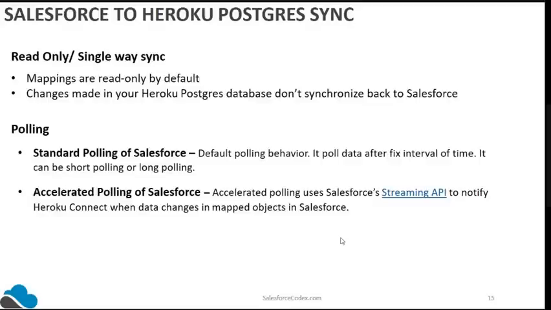Salesforce by default uses the streaming API to notify Heroku Connect that whatever changes are made in the mapped object of Salesforce, it will automatically update to Heroku Connect, and immediately reflect in the Heroku Postgres system. So these are the two concepts: one is poll, the second is push. One is standard polling of Salesforce, the second is accelerated polling, where we use the standard Salesforce streaming API.